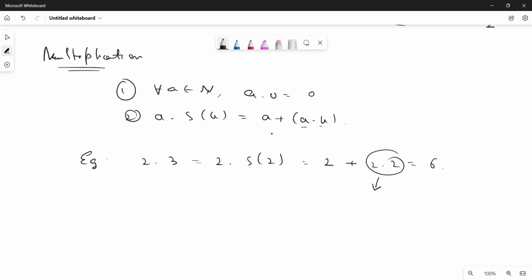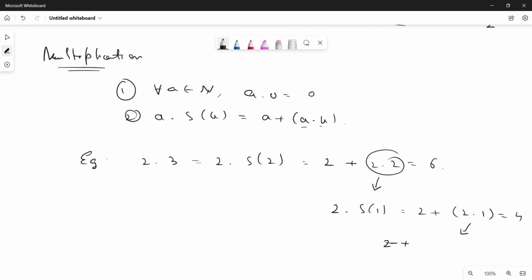Now what is 2 into 2? 2 into 2 must be 4, so that we can write this. 2 into 2 is 2 into successor of 1, which is again 2 plus 2 into 1, that is 4.